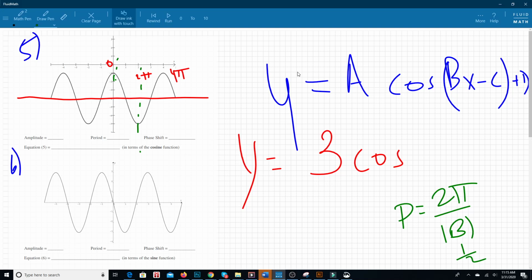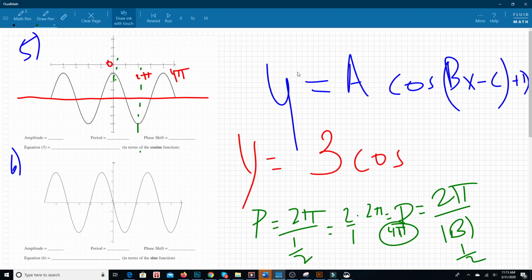So if you plug it correctly into the formula, you get P equals 2 pi over 1/2, which is going to be the inverse of that times 2 pi, right? So it equals 2 over 1 times 2 pi, which is equal to 4 pi, which is exactly how the curve is shaping up to be.